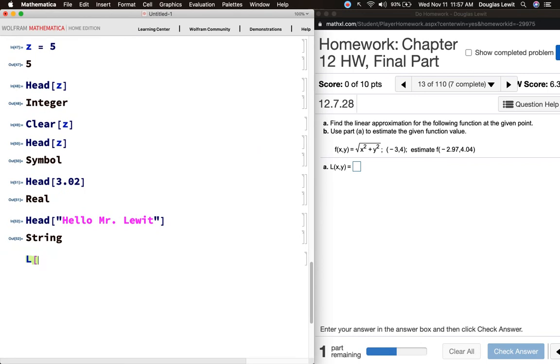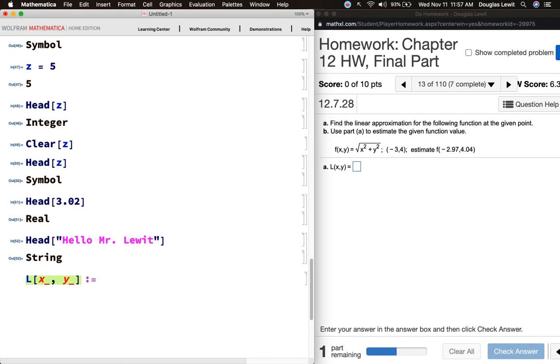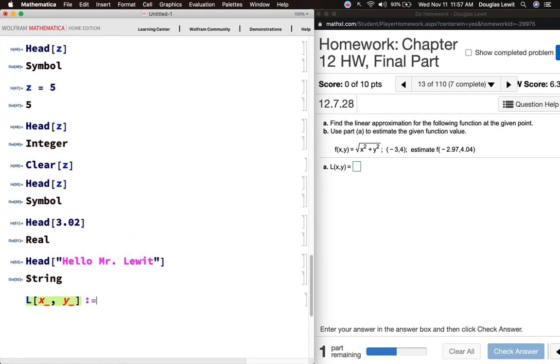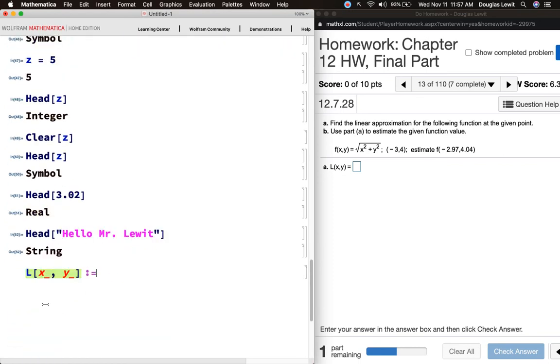So L of x and y is equal to, actually, how do I want to do this? You know what? I'm going to use A and B. We're going to use numbers. I think we had better use numbers.